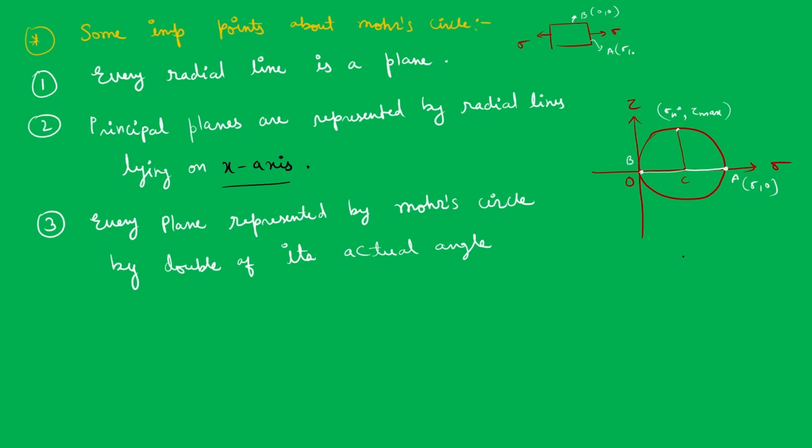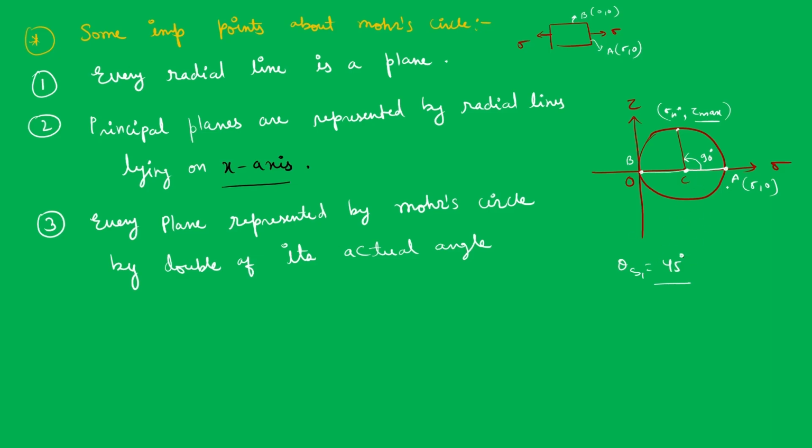And this is my center. You can see from here that this maximum shear stress is represented by 90°, but actually theta S1 is represented by 45°. So this is half of this angle.